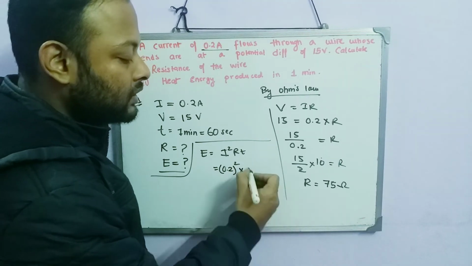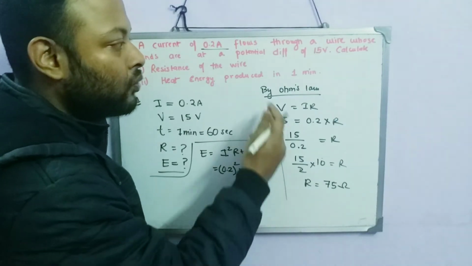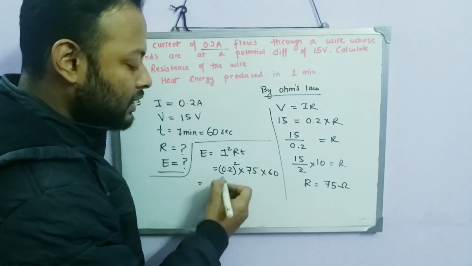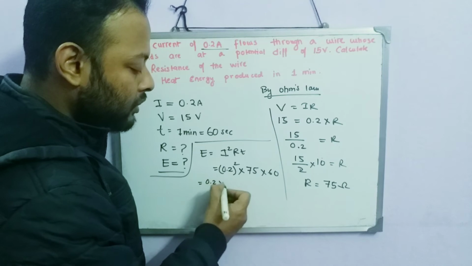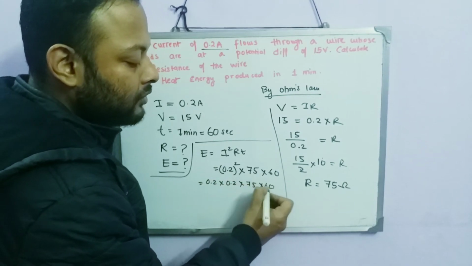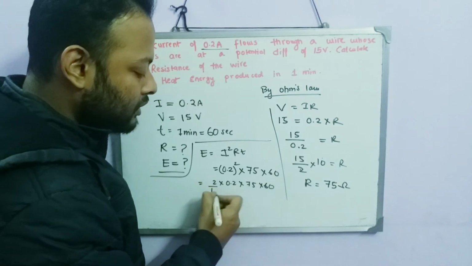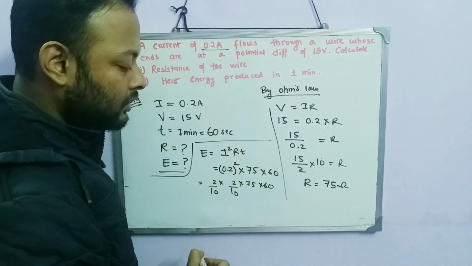Resistance is given how much? 75, because just now we found, and time is given 1 minute. 1 minute means what? 60 seconds. So ultimately how much does it come? 0.2 into 0.2 into 75 into 60. Now we can remove this 0.2 and write 2 by 10, 2 by 10. And then we can solve it.